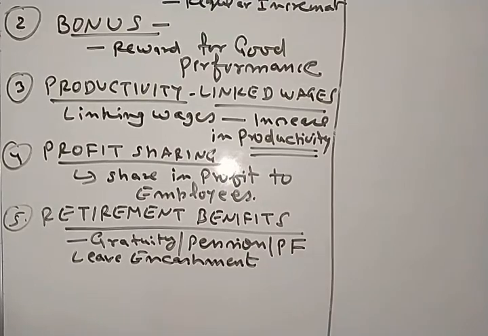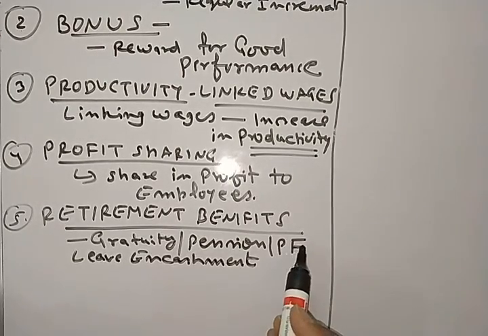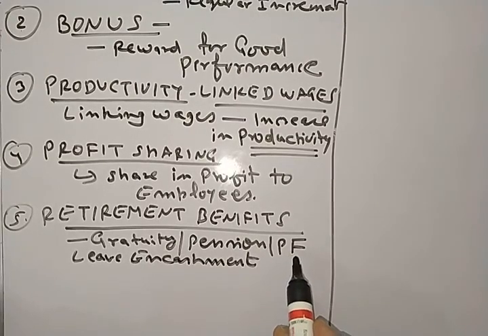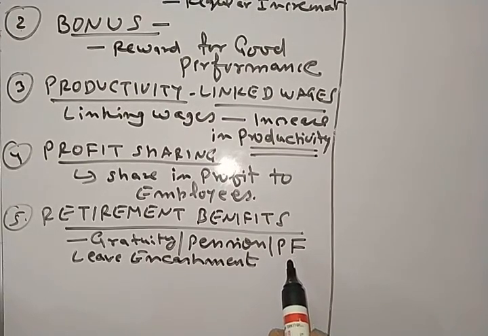PF, provident fund: a certain part of his salary is deducted every month, and the same part is also contributed by the employer, and it becomes a fund that is called provident fund, which is paid to the retiring employee at the time of retirement.